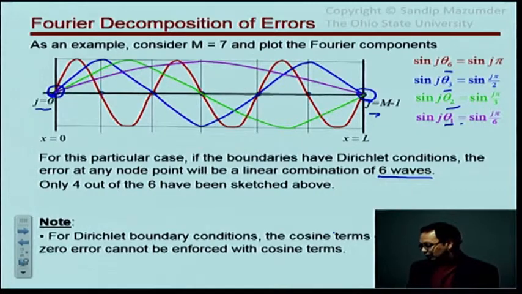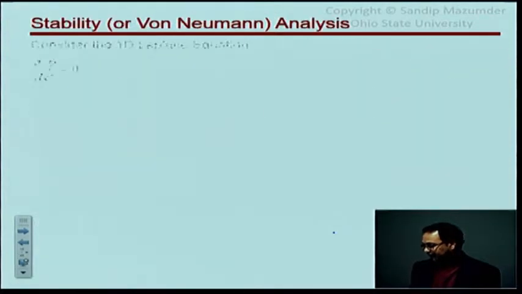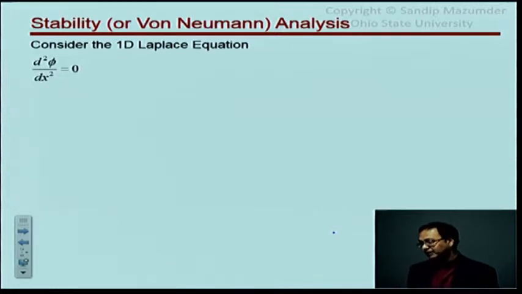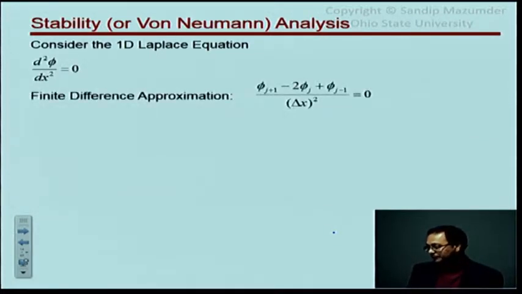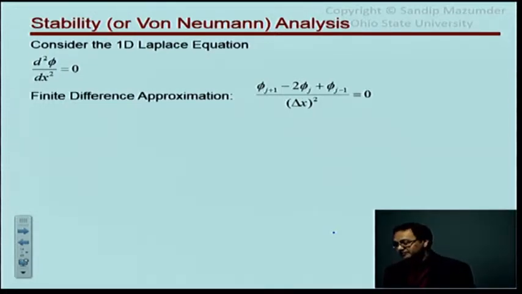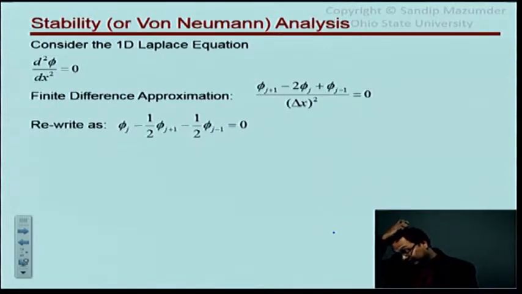So let's see how we can apply that to finding our eigenvalues. We start with a very simple example: a second order ordinary differential equation. Here's our discrete form, finite difference, and I'm just rewriting it in a different way: phi j minus half phi j plus 1 minus half phi j minus 1 equal to 0.